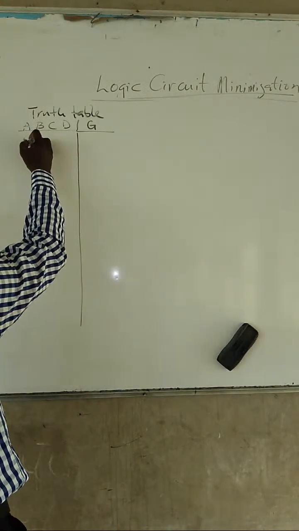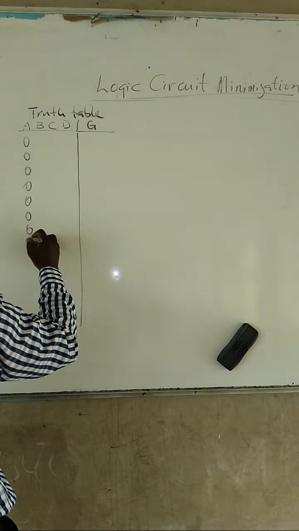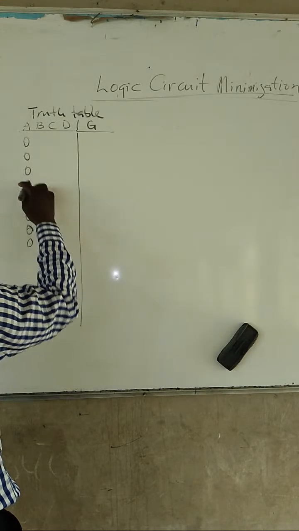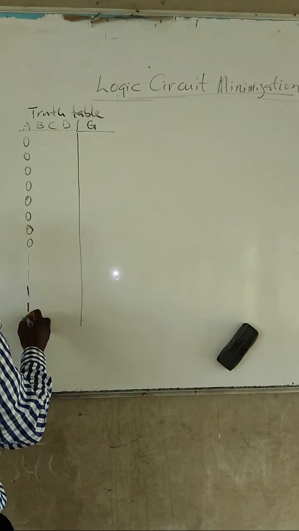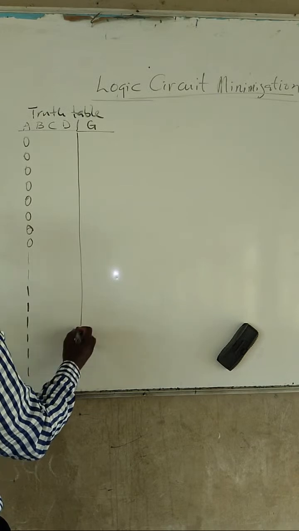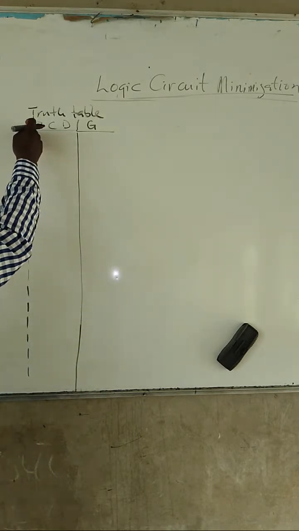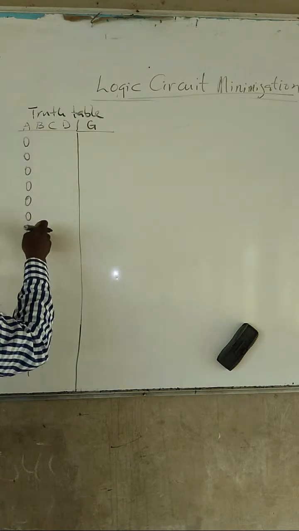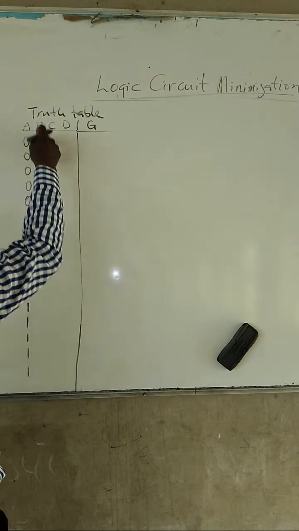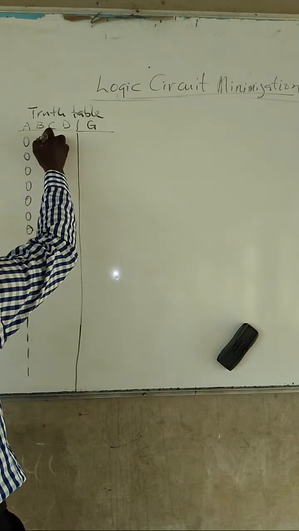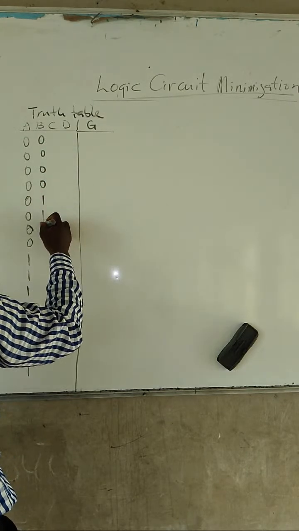So we can write it this way: 0, 0, 0, 0, 0, 0, 0, 0, then 1, 1, 1, 1, 1, 1, 1, 1. That's 16. The first column will be 8 zeros, 8 ones. The next one will be 4 zeros, 4 ones.